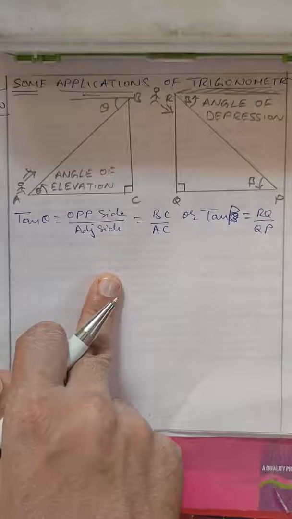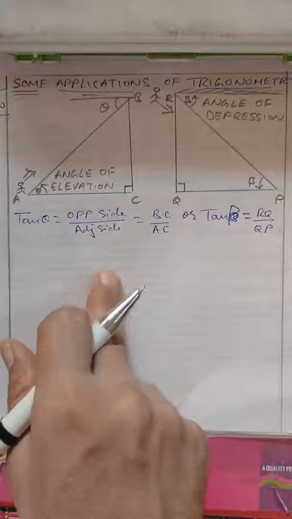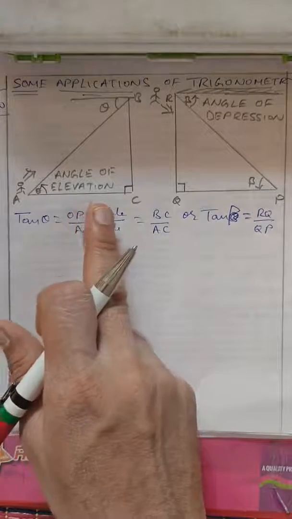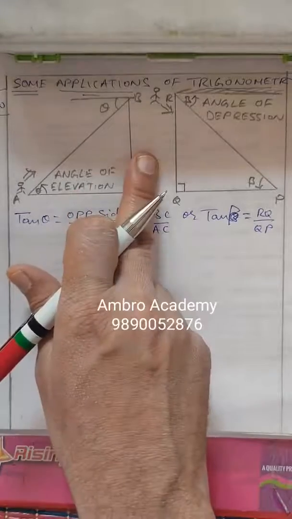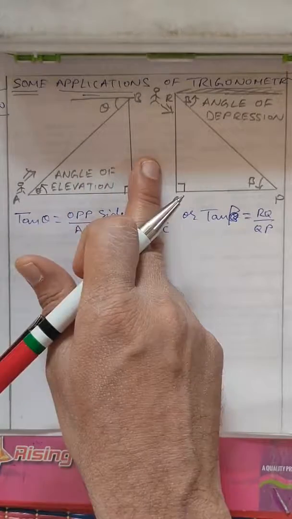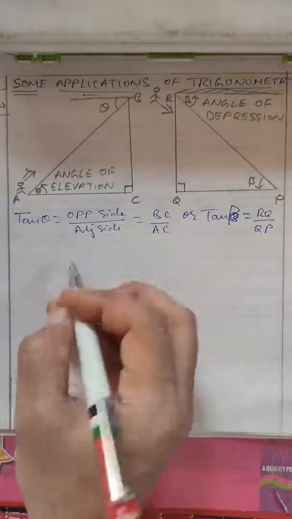This is very important in trigonometry applications, because normally we need to find the adjacent side or the opposite side, the distance or height. But they may ask for the hypotenuse also.